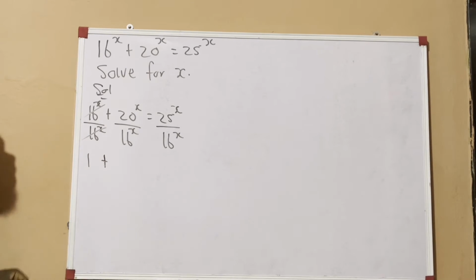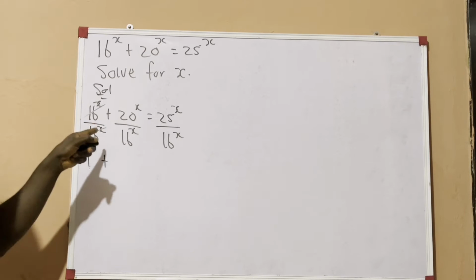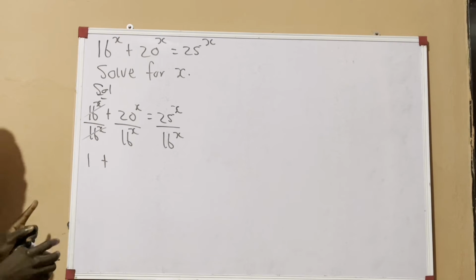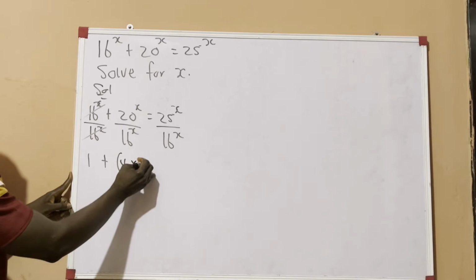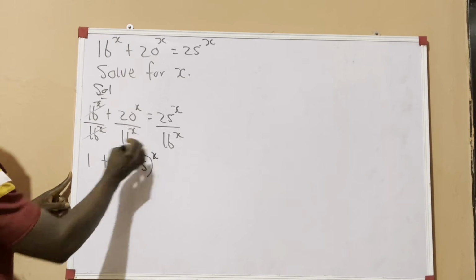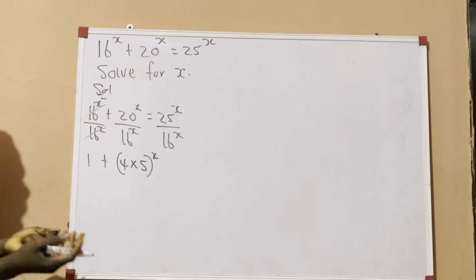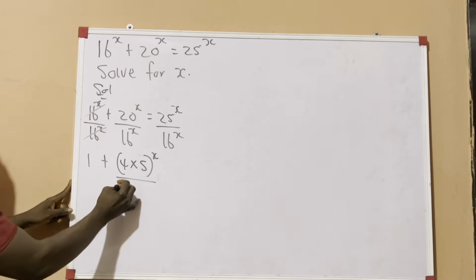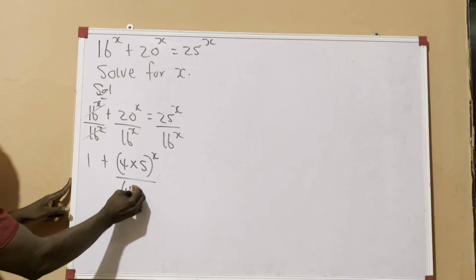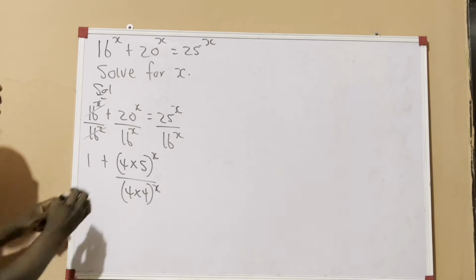Now, plus here, 20 raised to the power of x can also be written as 4 times 5, all raised to the power of x. And also 16 raised to the power of x can also be written as 4 times 4 raised to the power of x.